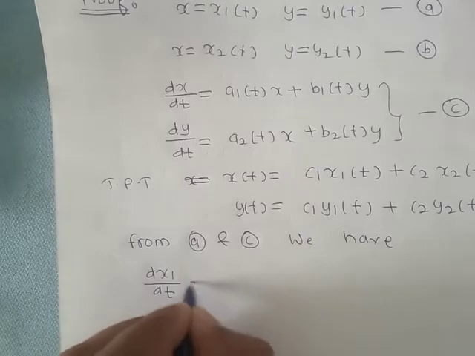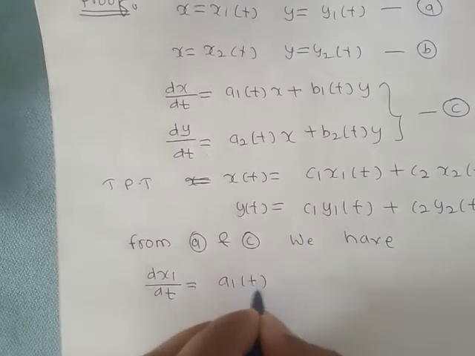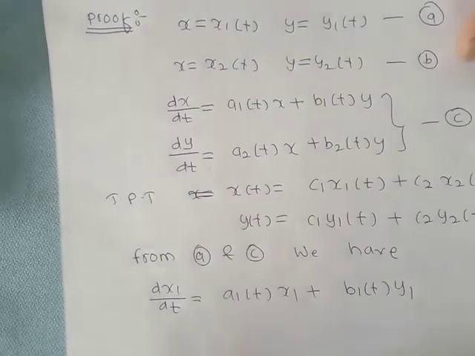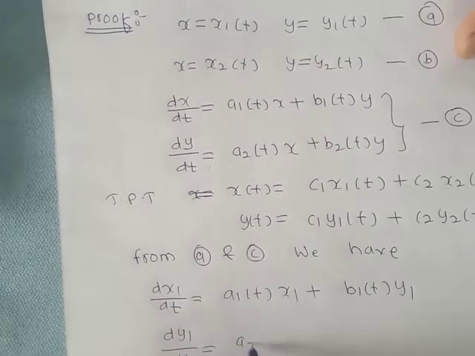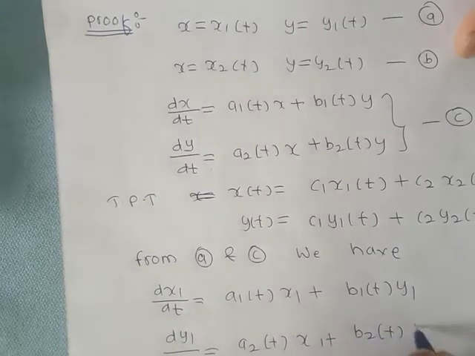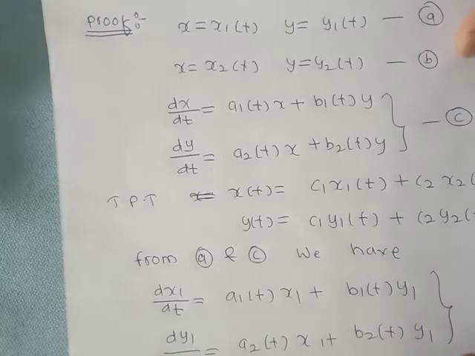dx1 by dt is equal to a1 of t into x1 plus b1 of t into y1, dy1 by dt is equal to a2 of t into x1 plus b2 of t into y1.